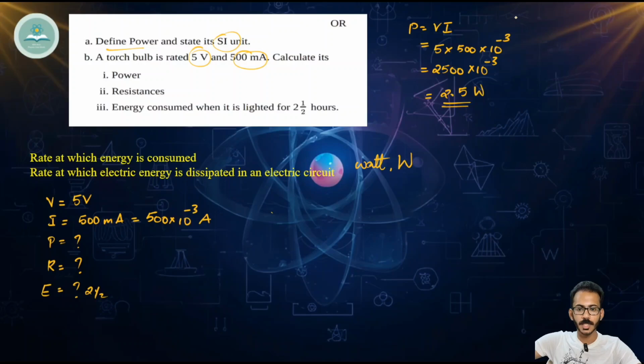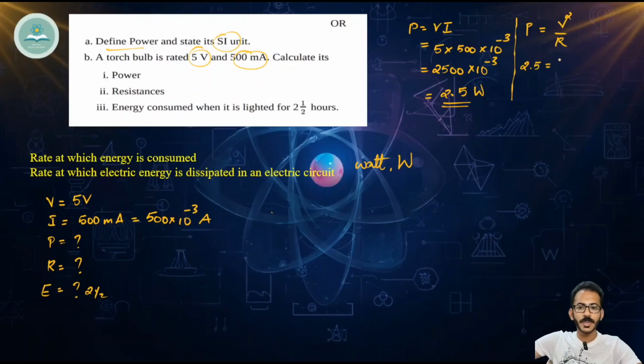Now the next part is to find out the resistance. In order to find out the resistance, we know the equation P is equal to V square by R. Another equation to find out power. Now we will substitute the values here. We already got the power. Power is equal to 2.5 watt. I'll write 2.5 here is equal to potential difference V is 5.